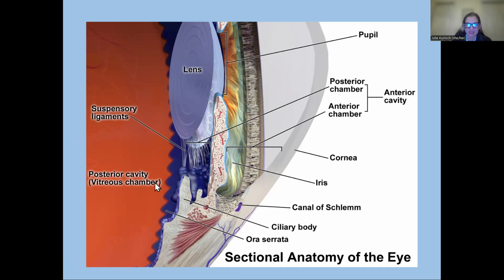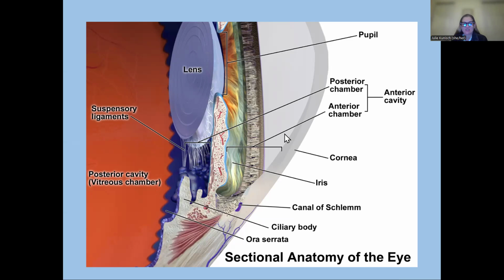The ciliary body is the one that moves the fluid from the posterior chamber, which is here, into the anterior chamber here. And again, this is just a side view. There is the lens itself, the iris, and the cornea, and so on.